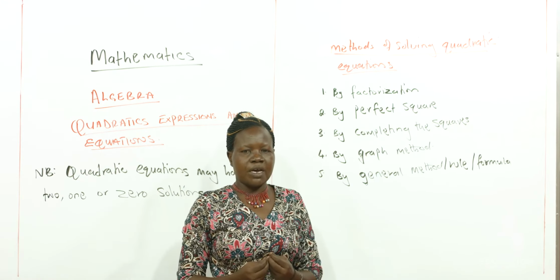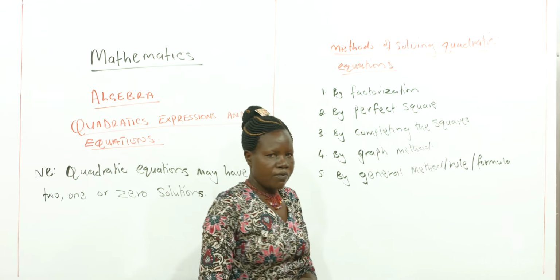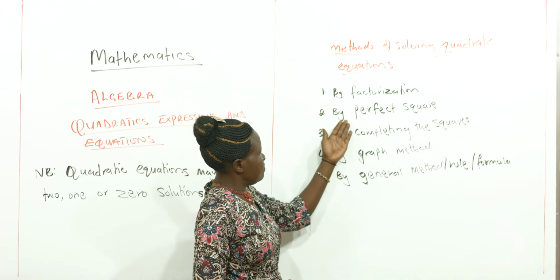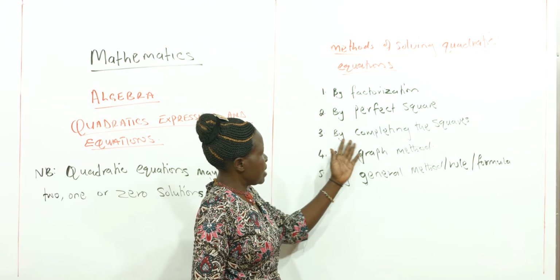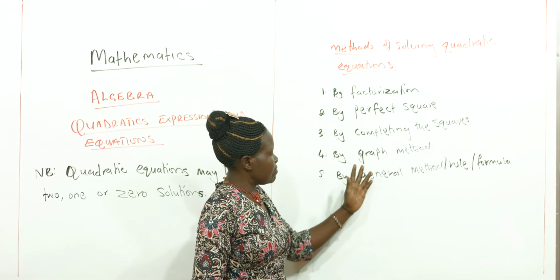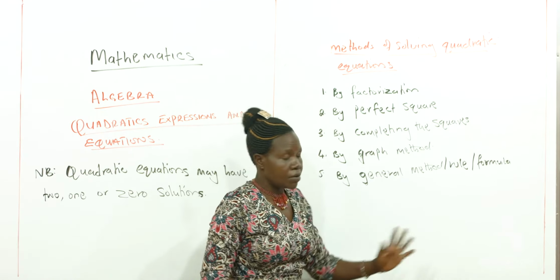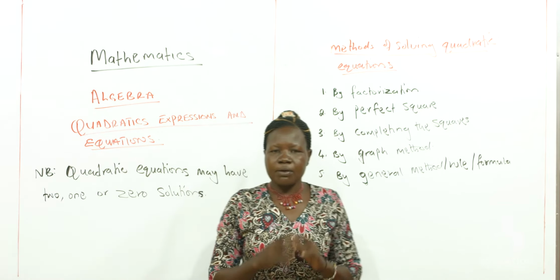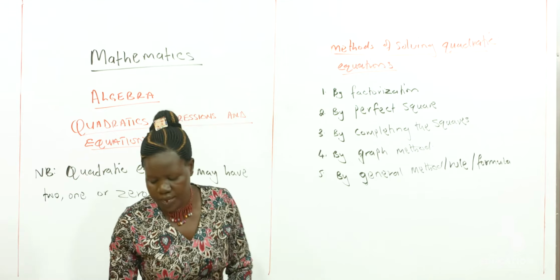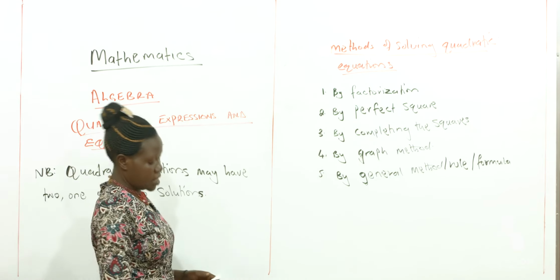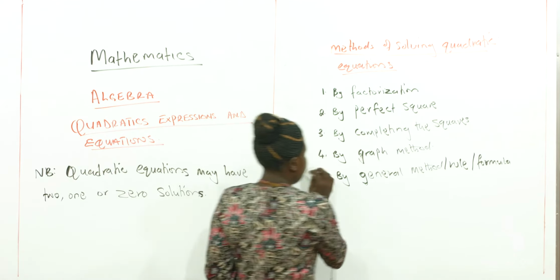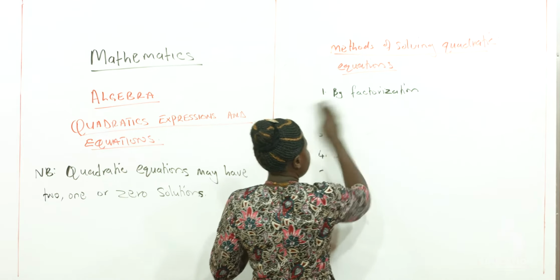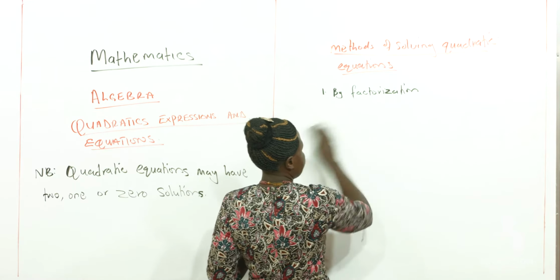Then you can be able to get the solution for it. And then we have by perfect square, by completing the square, and then graph, and lastly we have the general method. So all these methods we are going to look at one by one. How do we use them? How do we apply them in the quadratic expression or quadratic equation? So we are starting with method 1, that is by factorization.